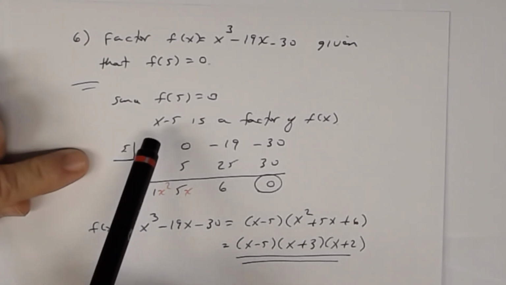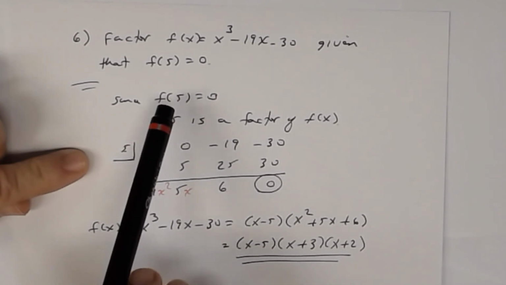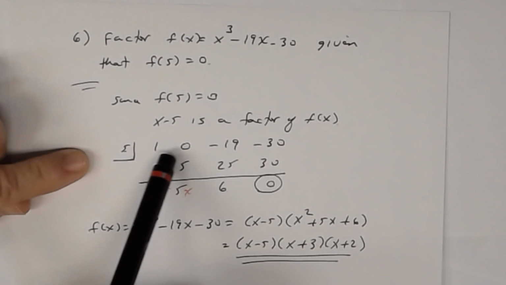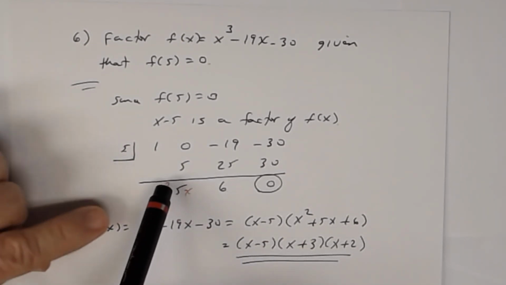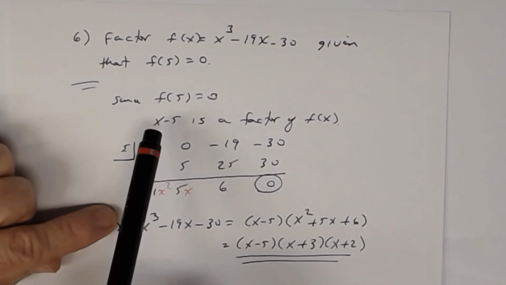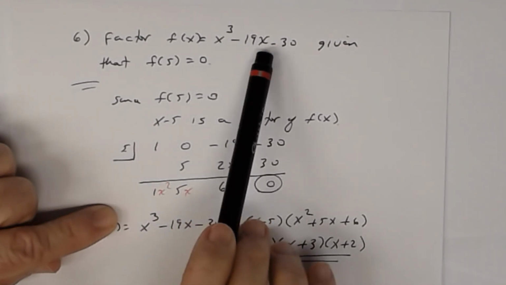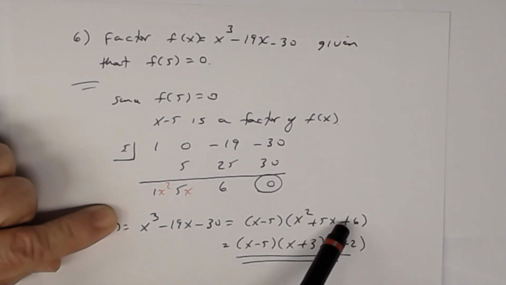So I have this factor, x minus 5, and since f of 5 is equal to 0, I better have a remainder of 0. So I use synthetic division, and I get this polynomial left. So what that means is this polynomial is going to be this factor times this factor. But I can rewrite this factor into two simpler factors. So remember, always factor completely.